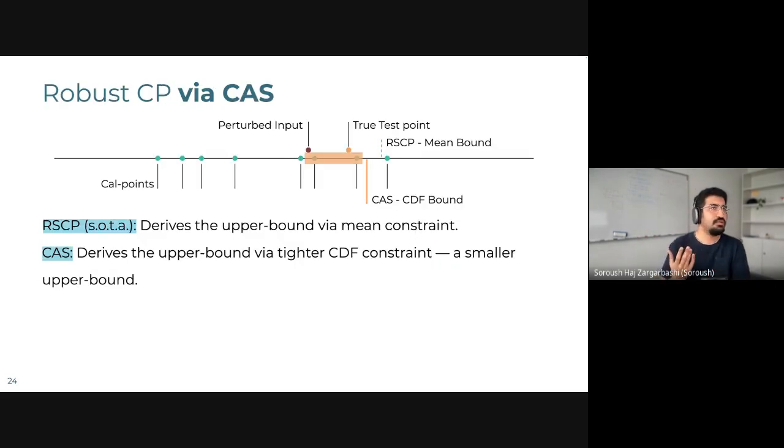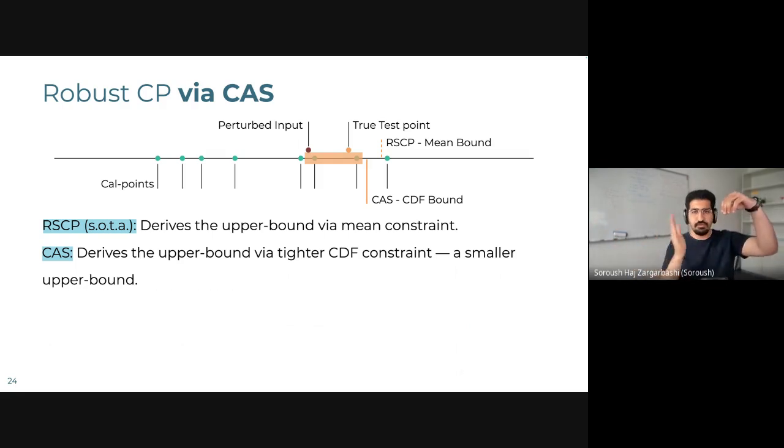So let's just recap what this method has compared to the other bound. If I have a smaller search space, I have a tighter bound. And therefore, if I have tighter bounds, I have scores that are less unnecessarily conservative.